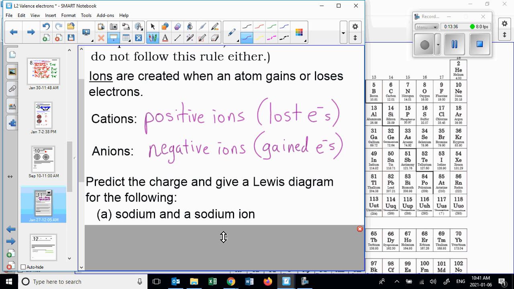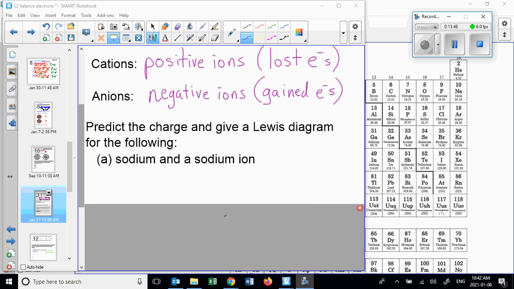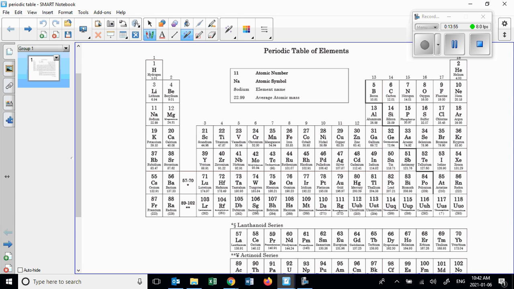I'm going to do this together with you. Predict the charge, give a Lewis diagram. All right. Sodium, I'm going to just flip to the periodic table. It's on the left side. Na, natrium, which is the Latin word for sodium.